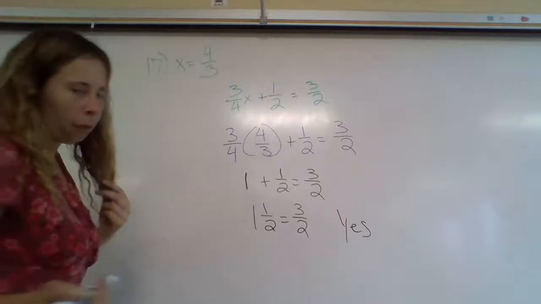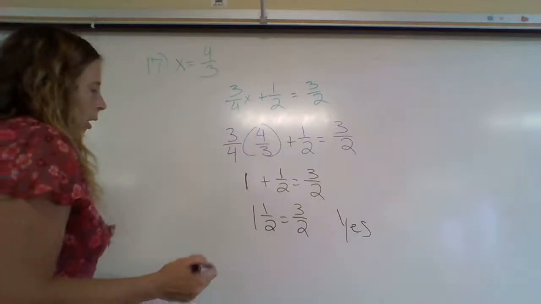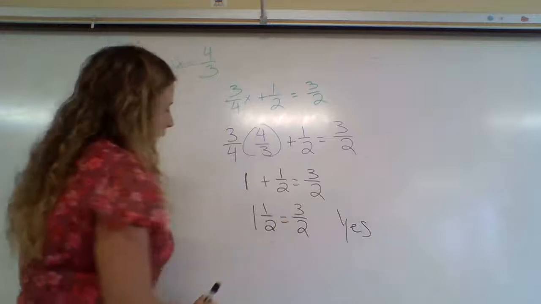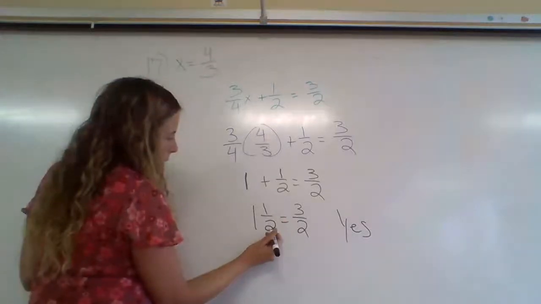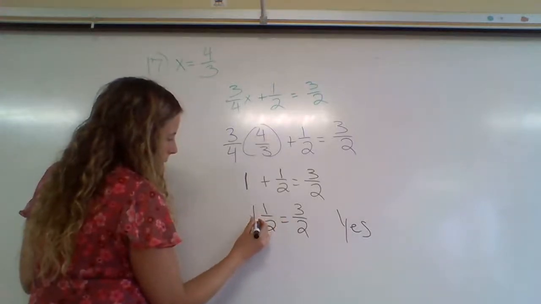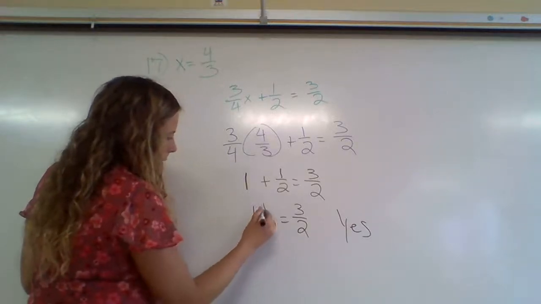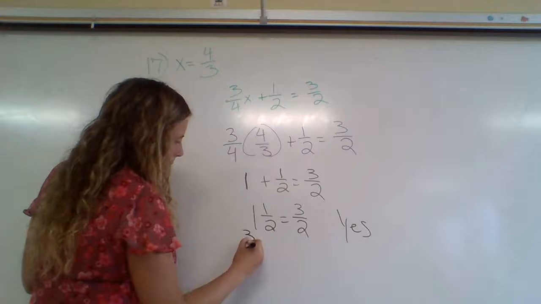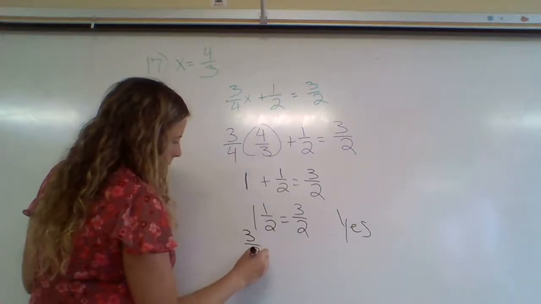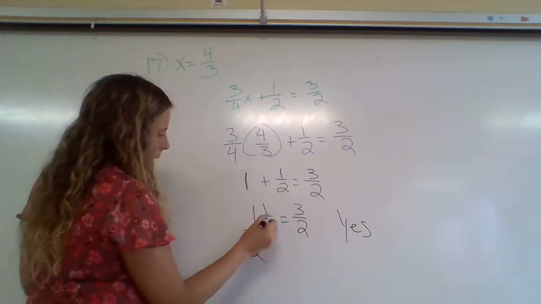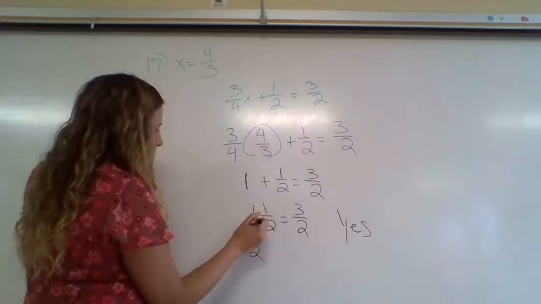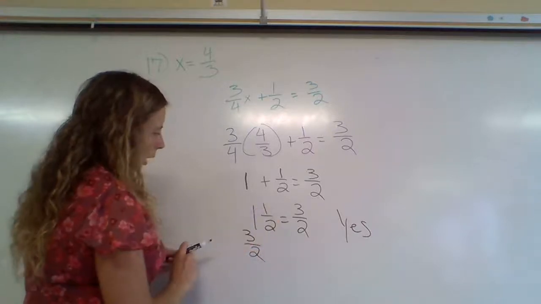So let's go back and forth. To turn a mixed number into an improper fraction, you multiply 2 times 1, that's 2, and then plus 1, so you get 3. You multiply the denominator by your whole number, and then add whatever's on top.